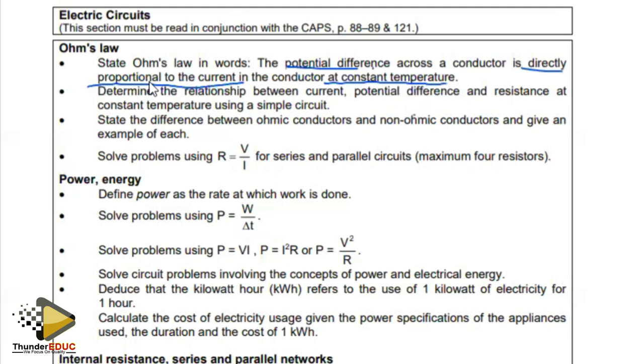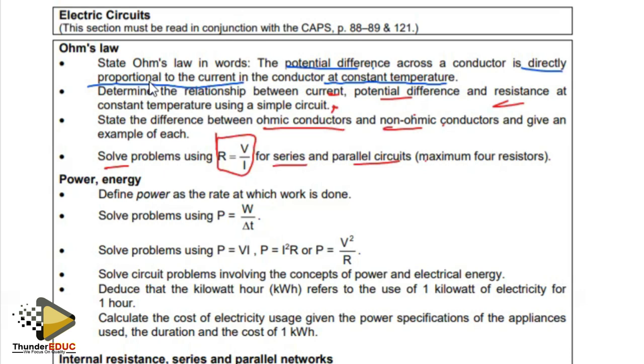And then the relationship between current, potential difference, and resistance at a constant temperature for a simple circuit. You need to know the difference between ohmic conductors, those that obey Ohm's law, and non-ohmic conductors that disobey Ohm's law. Then we solve problems using Ohm's formula for series and parallel circuits.